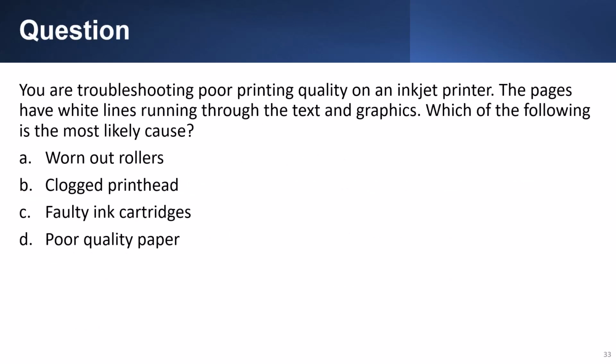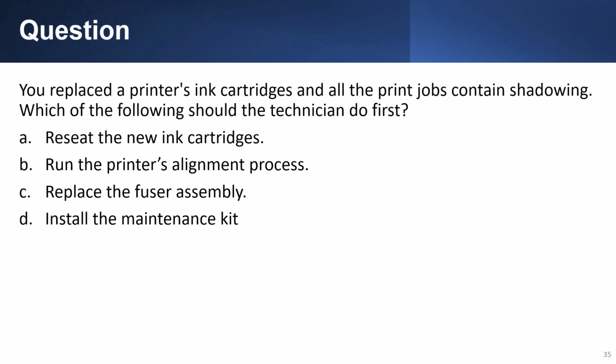Question: you're troubleshooting poor printing quality on an inkjet printer. The pages have white lines running through the text and graphics. Which of the following is most likely the cause? Answer: clogged printhead. Question: you replace the printer's ink cartridge and all the print jobs contain shadowing. Which of the following should the technician do first?